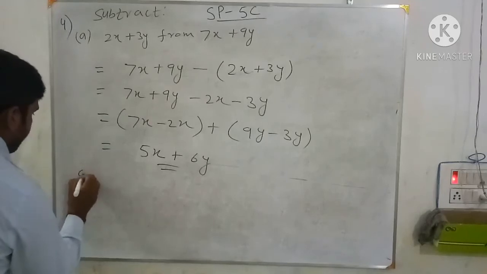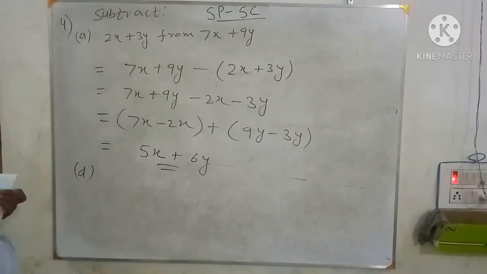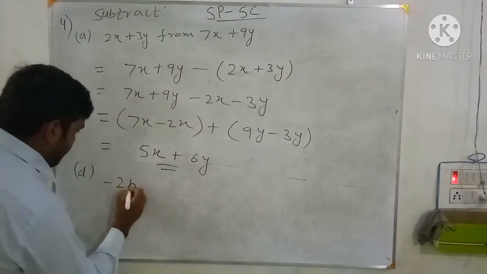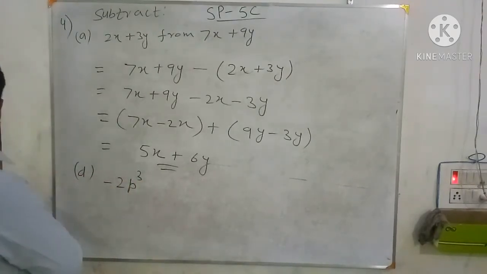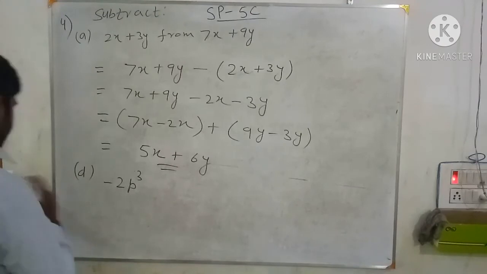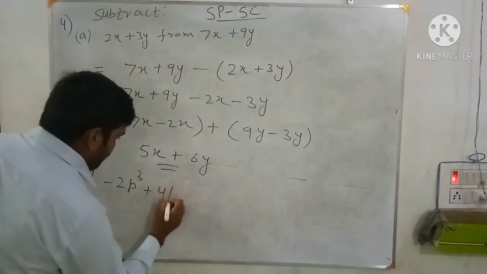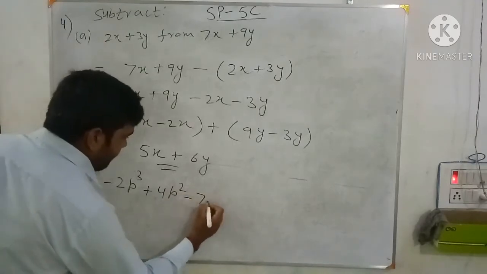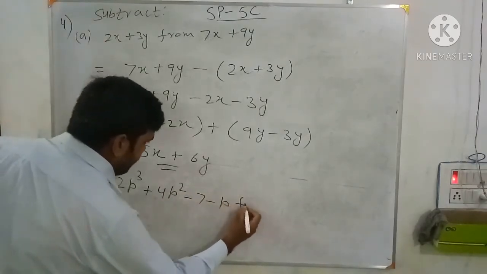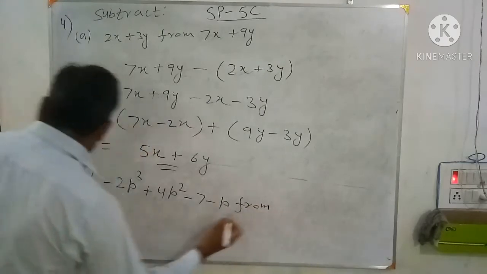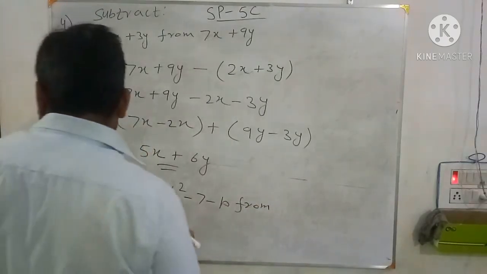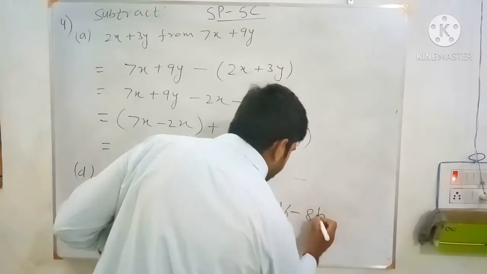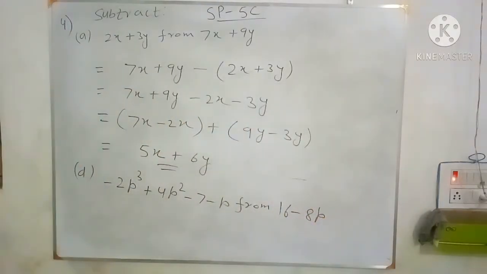Now see the question D: we have to subtract minus 2p cube plus 4p square minus 7 minus p from the polynomial 16 minus 8p.